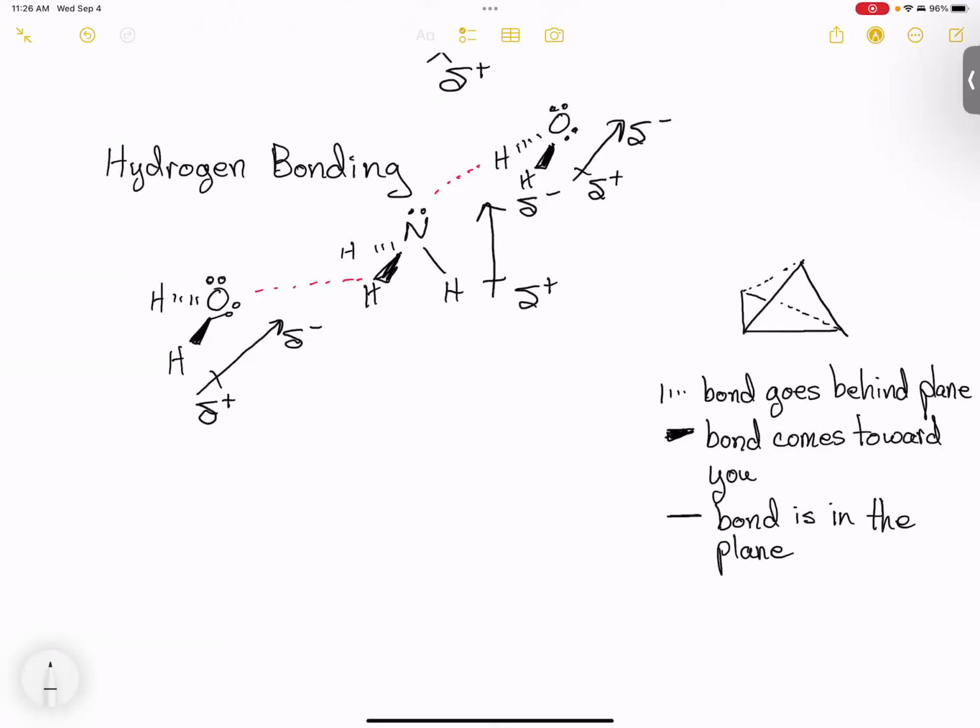There's a lone pair over here in the plane. So one up and one down. But it also is going to have a bond that comes to you, so that would be the darkened-in wedge, and a bond that goes away from you. So that's the dashed wedge. So that's a way we can illustrate a 3D structure in a 2D plane. Does that answer your question sufficiently?